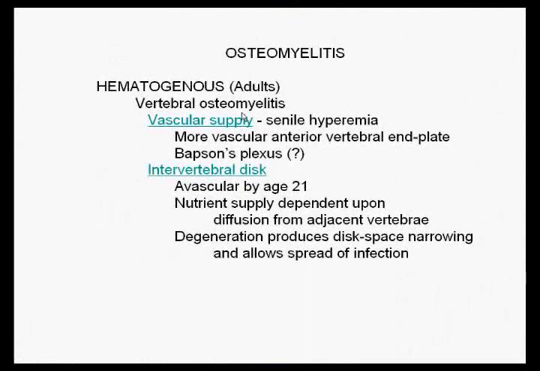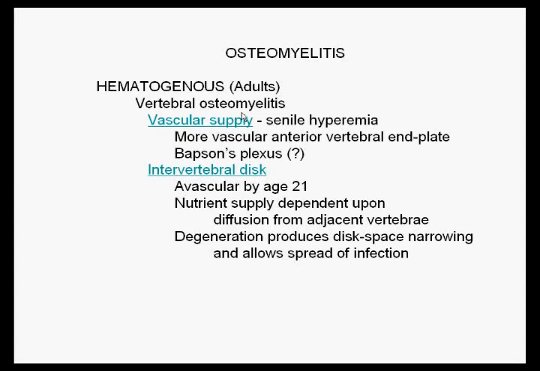Okay. In adults, the same processes go on, but instead of involving the long bones, they involve the vertebra. And that's because the vascular supply, after the growth phase is completed, winds up being higher in the vertebral bones and the pelvic bones and the shoulder clavicles, as well as the vertebra in adulthood.